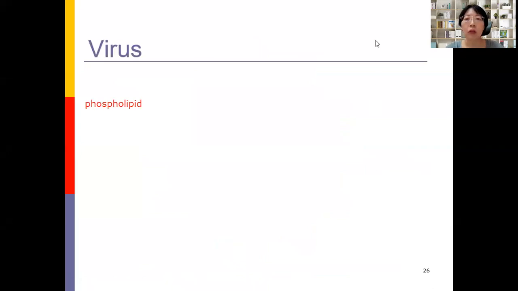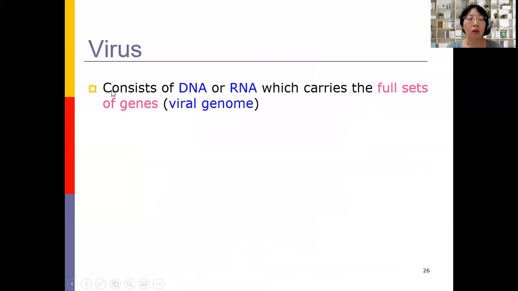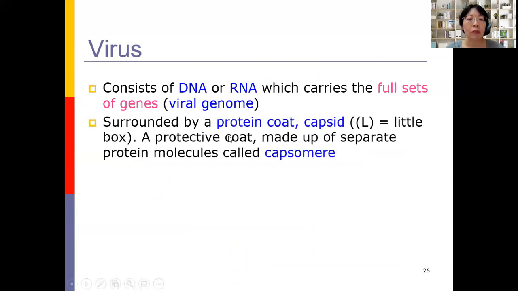So let us recap the structure of the virus. A virus consists of DNA or RNA, which carries a full set of genes, the viral genome, and it will be surrounded by a protein coat called the capsid. In Latin it means little box. So this is a protective coat because you need to protect its genome. It's so precious. All the genetic code to make new viruses is there.